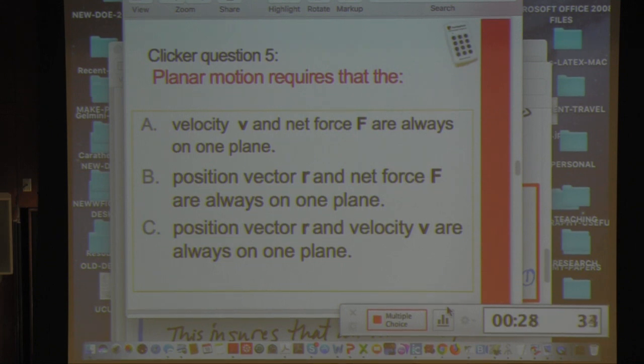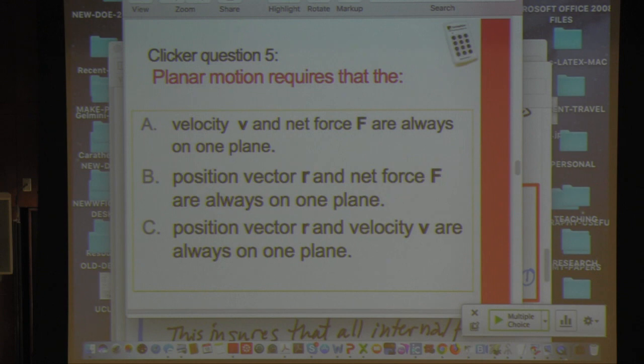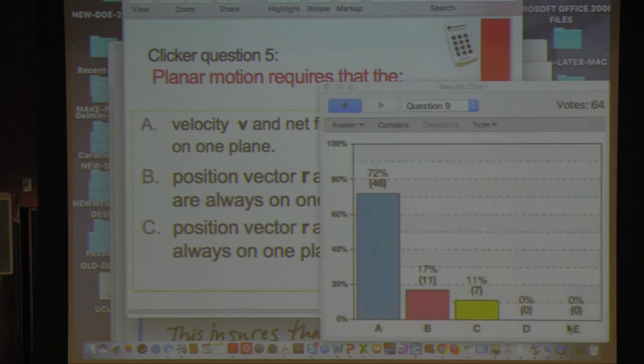Vote here. Come on, this should be easy, because you have answered similar questions before. Come on, 6 more. Oh, wow.